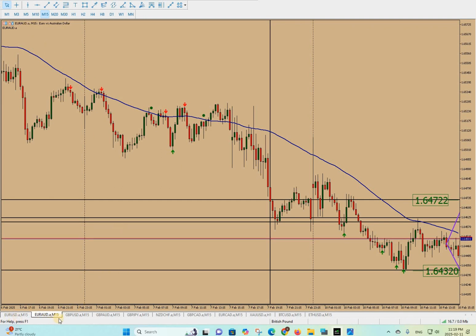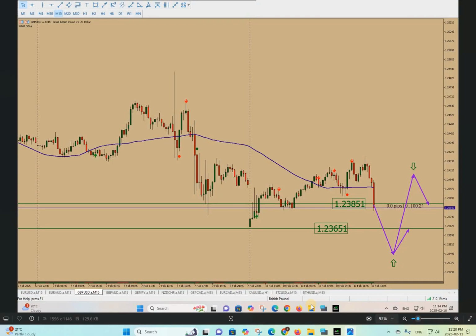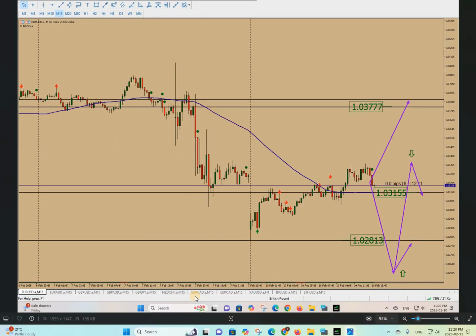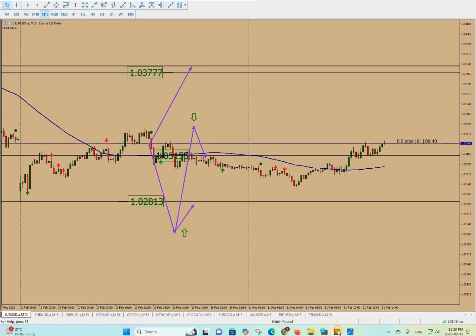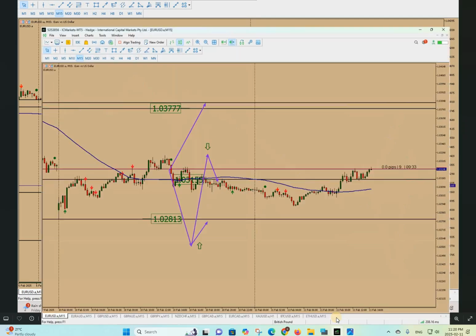Euro USD. Let me show you the screenshot again. When we made the screenshot, the price was here.